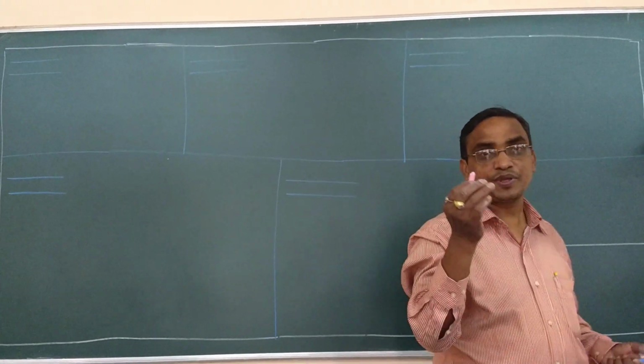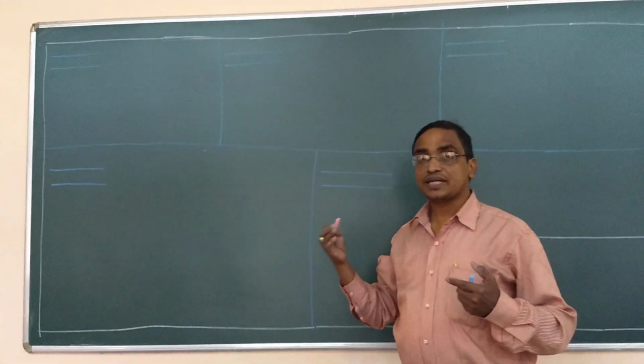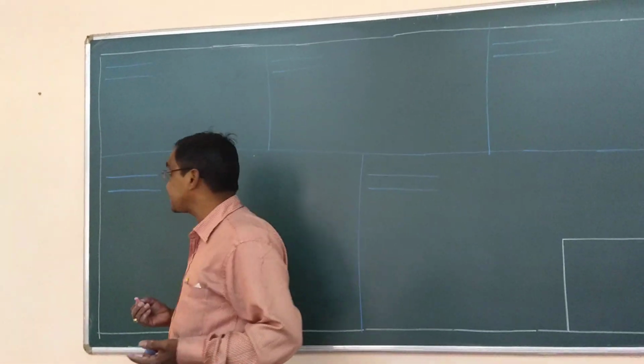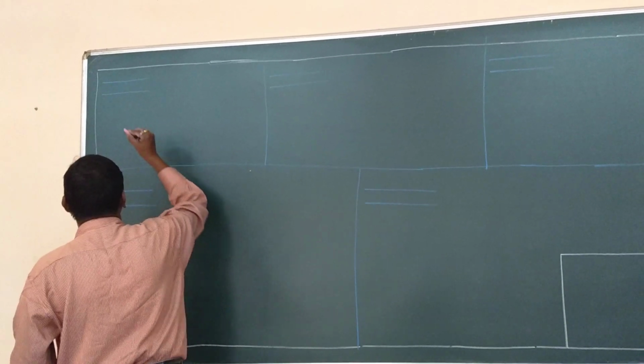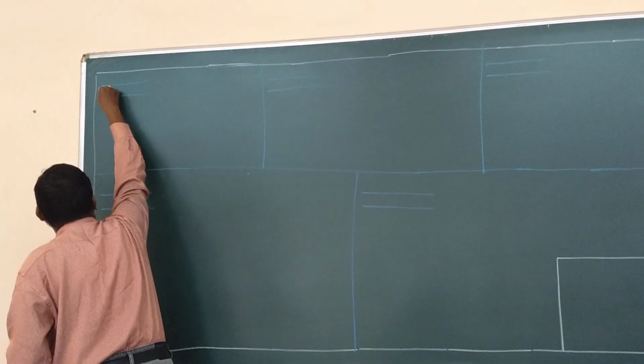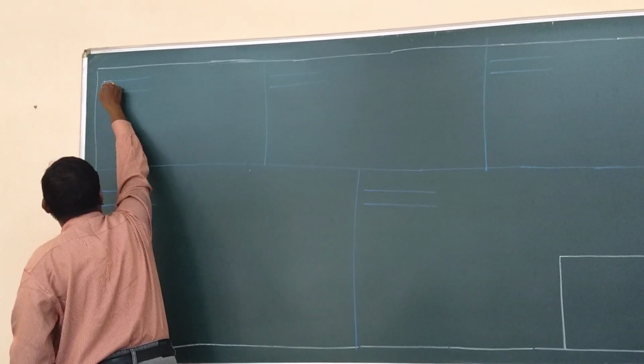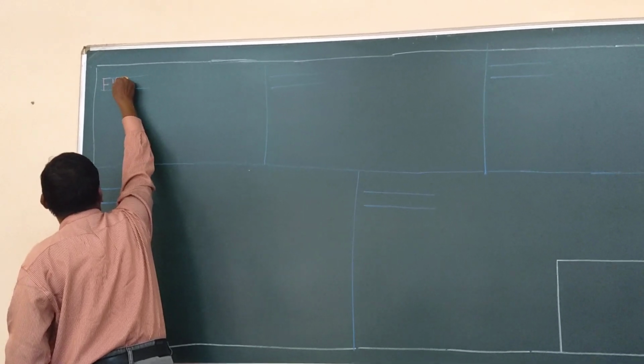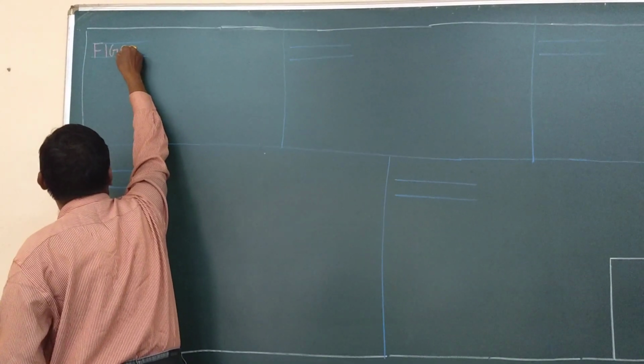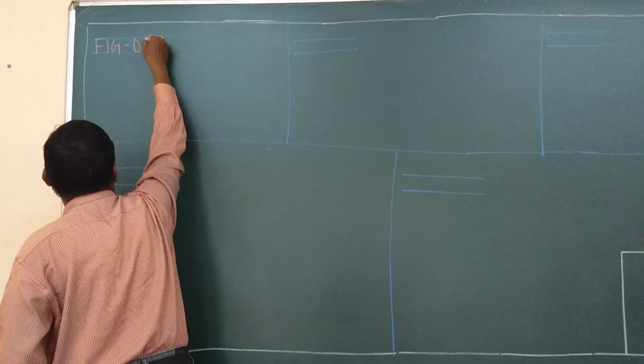Now pencil change, HB pencil, and use your 5 mm size pencil, lettering template, and here write out figure 01.